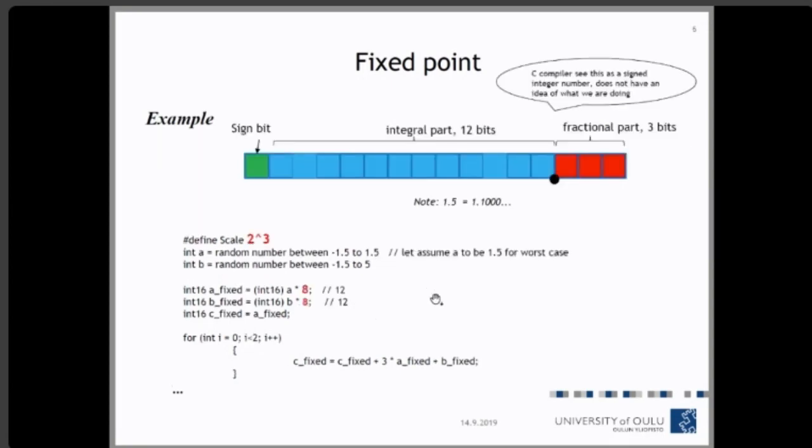So in this example, we first chose the scaling factor to be 8. If we have a scaling factor of 8, it means all the bits here should shift to the left by 3 bits, because we are multiplying by 8. Then we will have 3 empty bits dedicated for fractions.